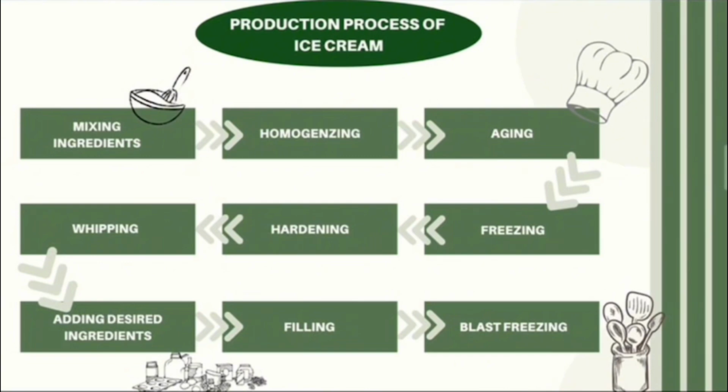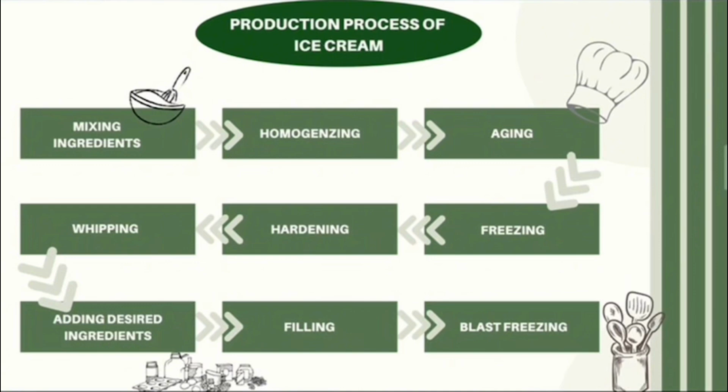After that is freezing. Freezing is where the mixture is frozen in a continuous freezer where about 50% of the water freezes. And hardening, the ice cream is frozen again at negative 40 Celsius to freeze out most of the water.